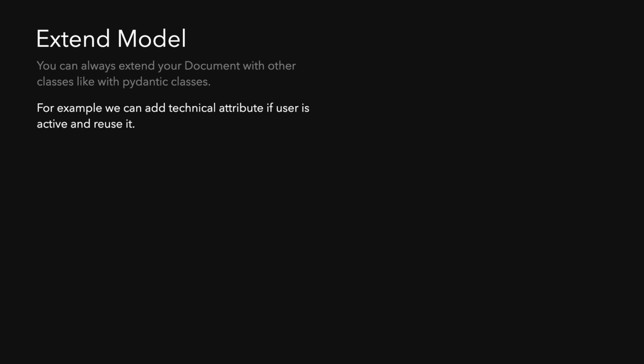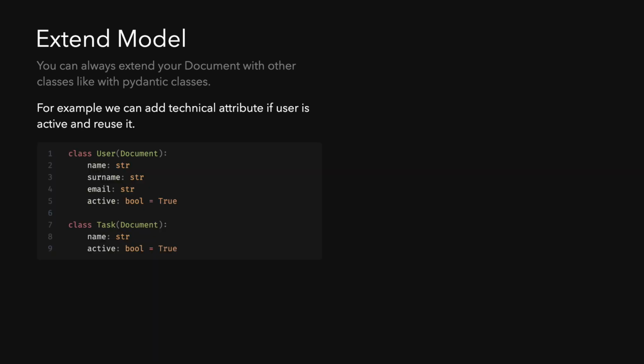Okay, what do we have in pydantic, and what can we use with that? I will show you only one feature of pydantic that is awesome, and it's the basic one. For example, you want to have user and task in a couple of documents, and you want a technical field active, saying whether this user or this task is active.